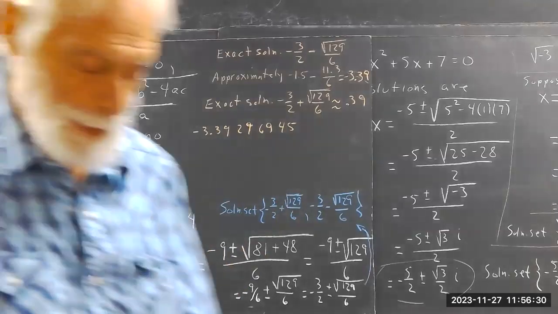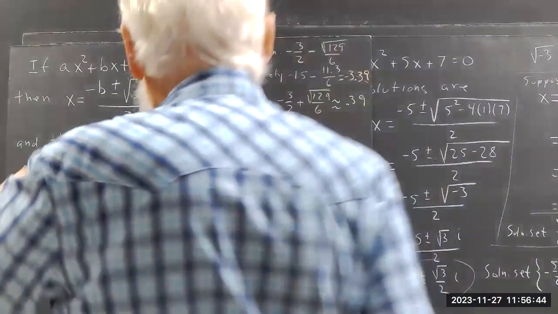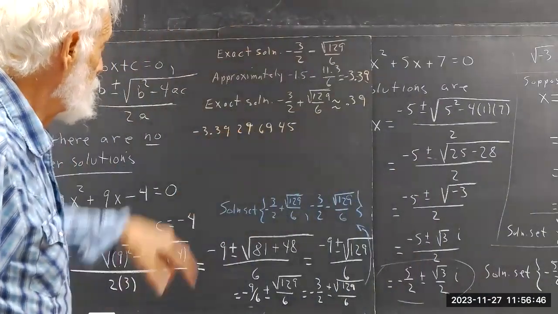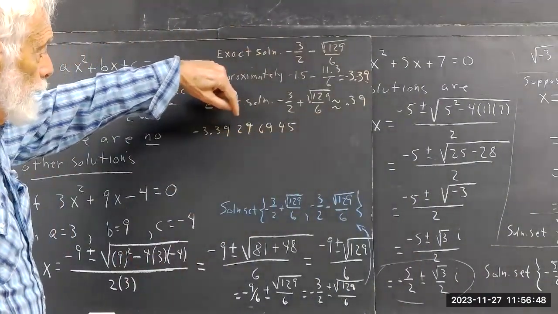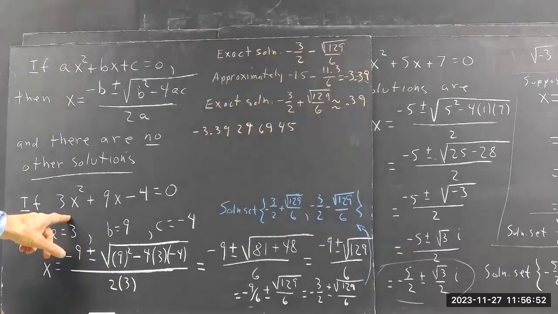Okay, so let me ask you, the better the calculator here to plug in this number, negative 3.39296945 in for x.